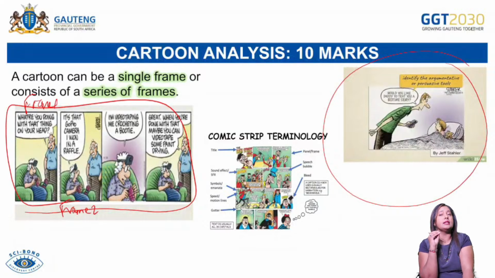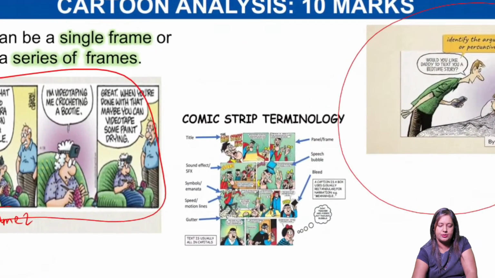It's showing the direct speech that is happening between the characters. All right. They are dealing again with concepts, and they're trying to showcase to us also issues that we may be experiencing. Then with regards to the comic strip terminology, let's see if I can maybe expand that a little bit. I hope it's not too blurred.